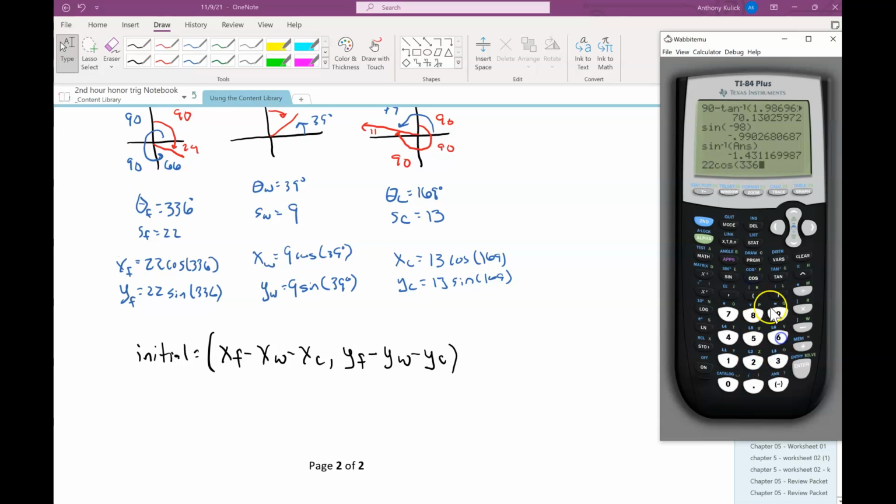If you show me the right stuff and you have the wrong mode, but realistically, if you get crazy answers, you should know to go back and ask what's the most likely mistake I'm making here? Is mode. So there's my x component for my initial position.